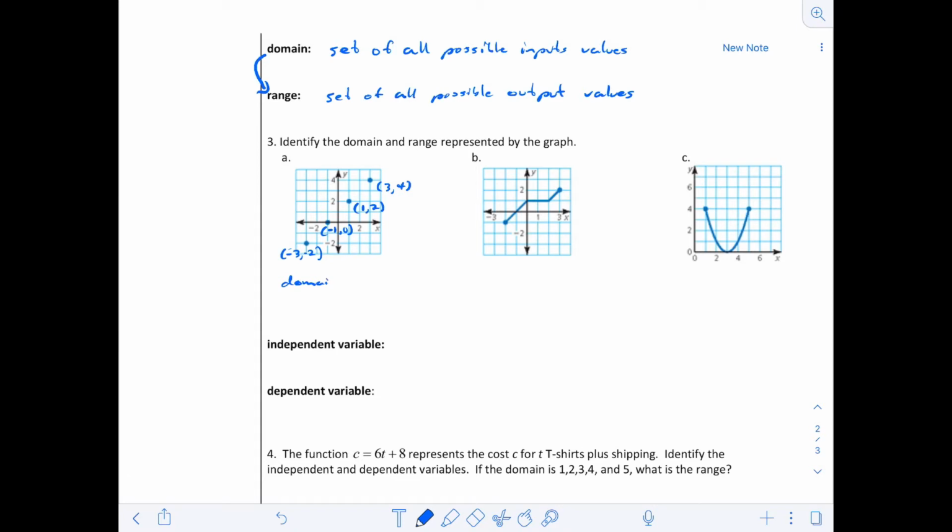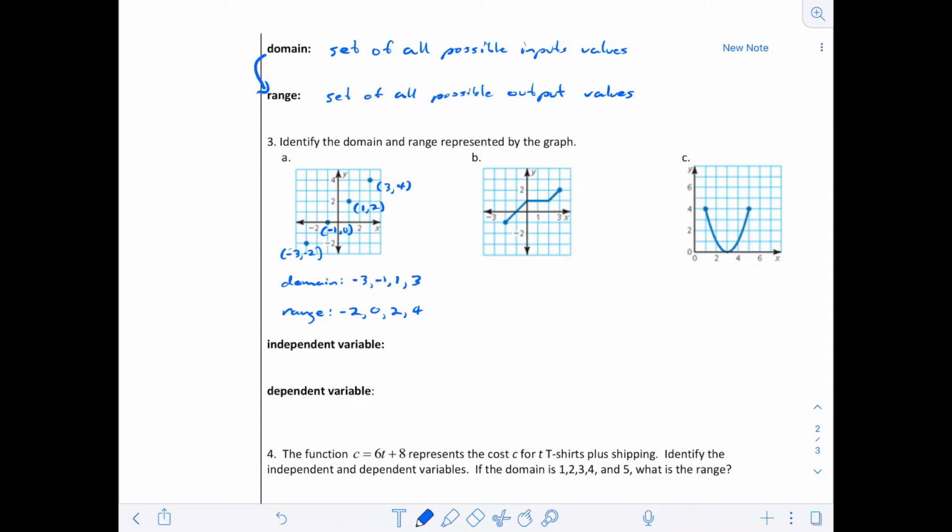So the domain in this case is going to be -3, -1, 1, and 3. All of the x values are the first number in those ordered pairs. The range is the second number, -2, 0, 2, and 4.